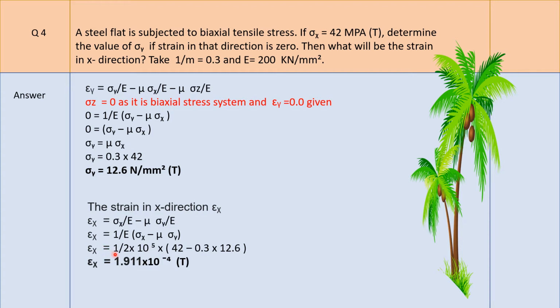So remember here, 1 divided by 2 exponential 5 into bracket open 42 minus 0.3 into 12.6 bracket close is equal to, you will get the answer 1.911 into 10 raised to minus 4, and you are getting this answer also positive. So this is also a tensile strain. Both sigma y is also tensile and the strain in x direction is also tensile. This completes the problem 4.